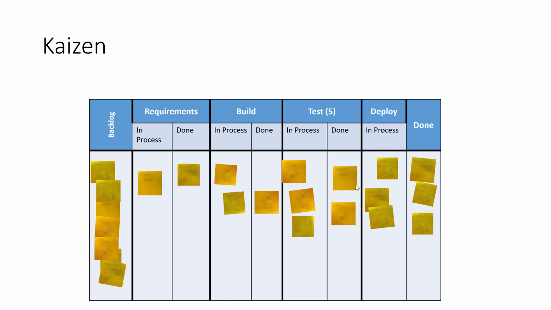So then what do you do next? Kaizen, improve, continuous improvement. So you would try making small experiments to improve your system. Maybe you tweak the number of people working in test. Maybe you look at different types of testing. Maybe you provide them with some new resources, a new tool for doing testing, I don't know. But on a periodic basis, just like in Scrum, you would have a retrospective.